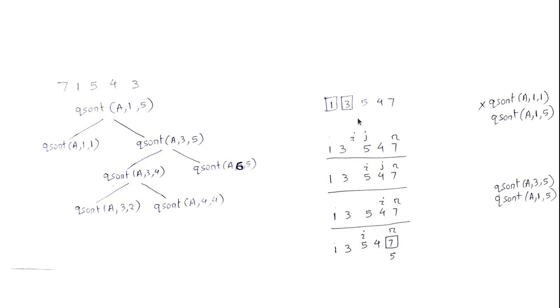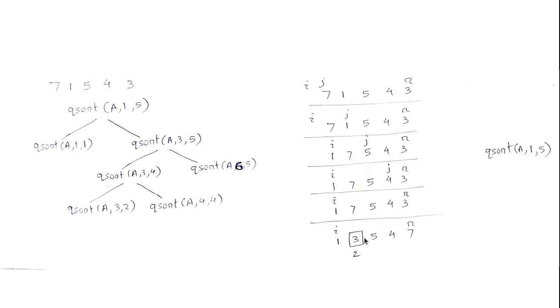But one thing you can see, when 3 was chosen as pivot, left subarray contains only one element, right subarray contains 3 elements. That's why you can see the call is A11. If only one element is contained, the starting index and the last index are the same. But if there are 3 elements, 3 4 5, then 3 to 5, right subarray.